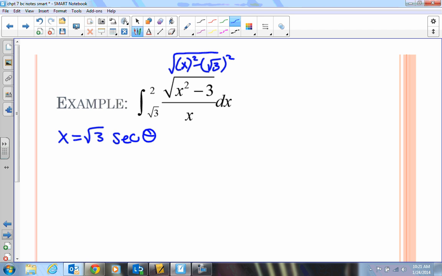Go ahead and get rid of, I know I'm gonna need this, so can I go ahead and just get that out of the way? That makes sense. Go ahead and just knock out your dx. So what's that? x over radical 3.